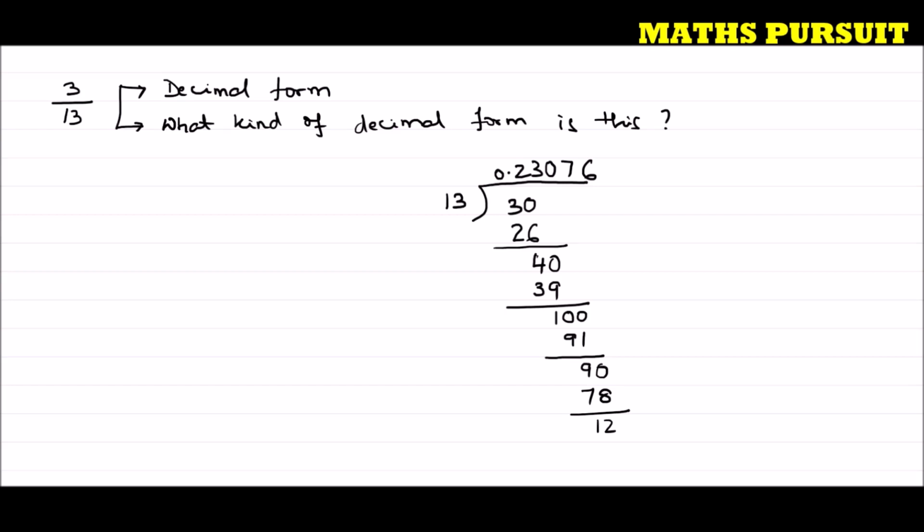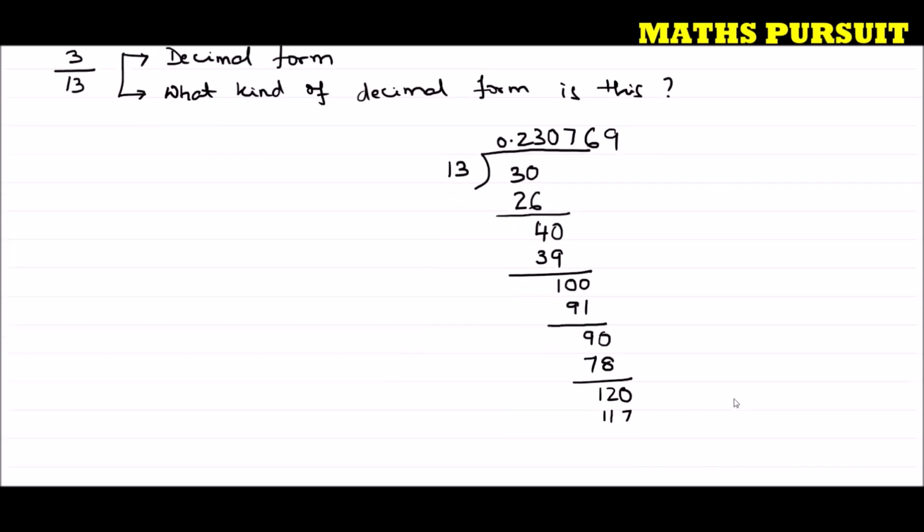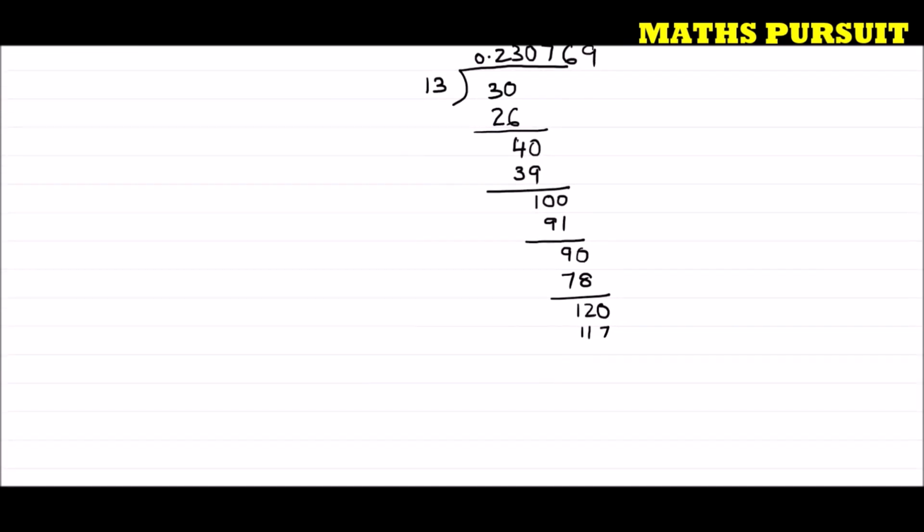Then I can add one more 0 here and write 13 9s are 117. So 120 minus 117, we are getting 3.